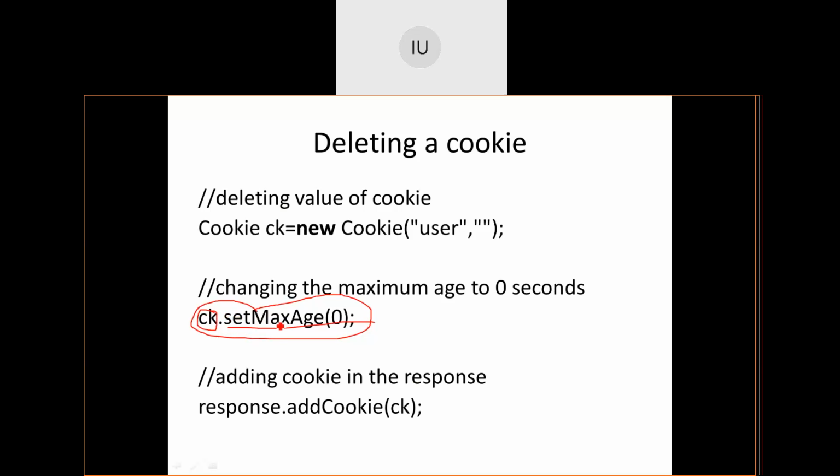With respect to that object you call set max age and pass the value as 0. It means that particular cookie's key value pair is no more accessible. That is the meaning of that. And after doing the change, add that cookie again. So this is how you can unset the cookie.